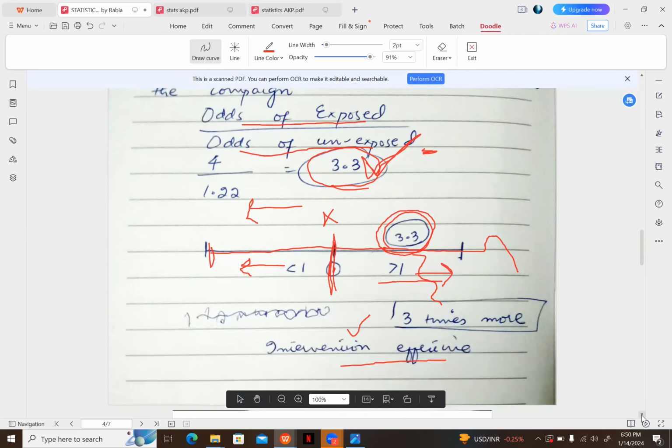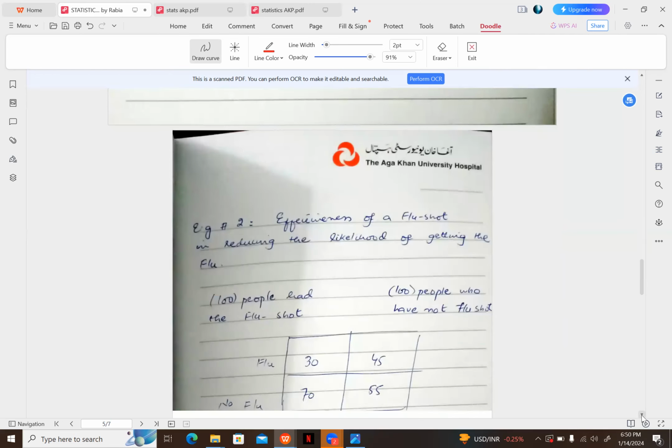Okay, what's next? Here is another example. This is the effectiveness of a flu shot in reducing the likelihood of getting the flu. Now the statement is a bit different. In the above example, encouragement was the intervention and getting the flu shot was the result. Now we give the flu shots, and you see whether after getting the flu shot someone gets the flu or not.